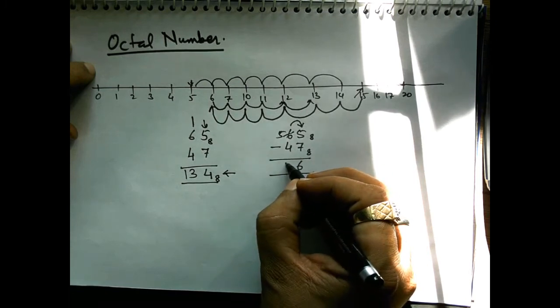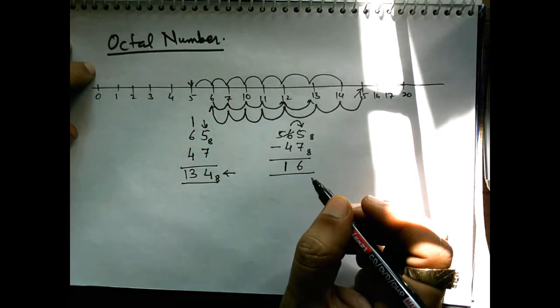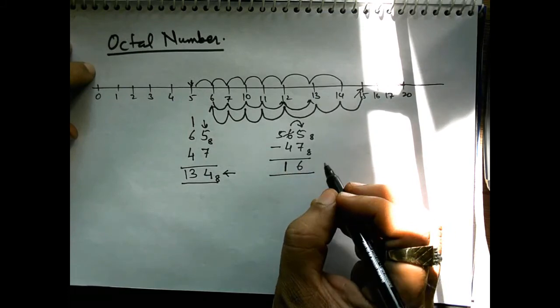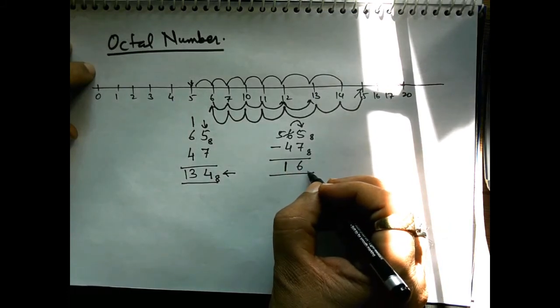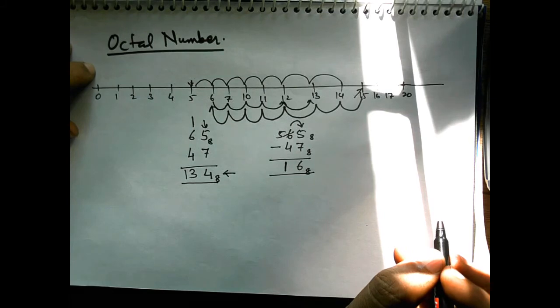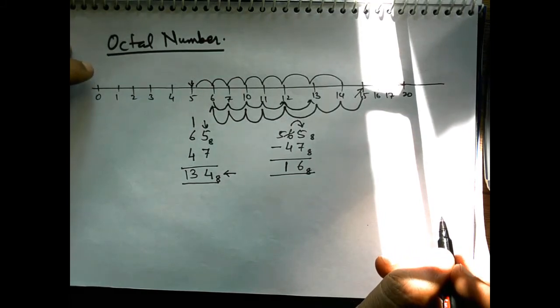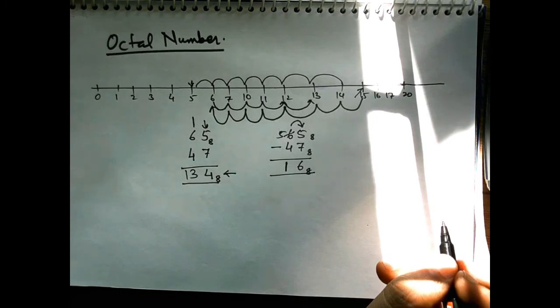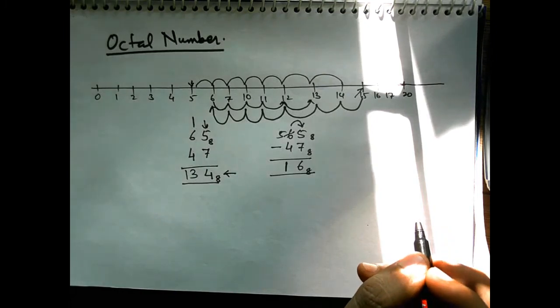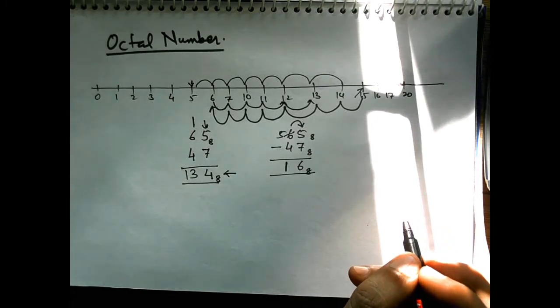So 4 less from 5 is 1. So 16 in octal is the answer. This way you can perform any octal subtraction in the octal number system.